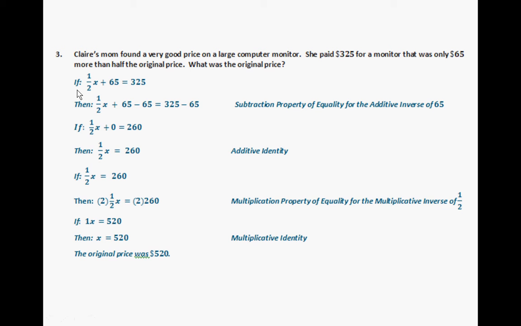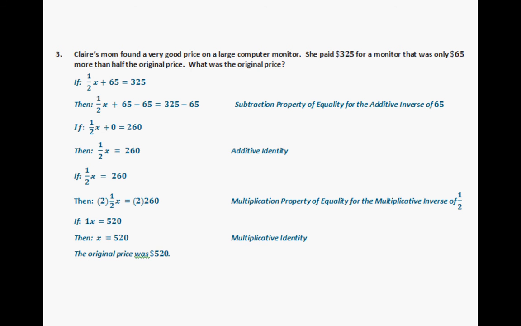And here is the answer. Now, if you had x divided by 2, that's completely fine. Again, if-then statements, and you should have 4 properties to show what you are doing. Now, if you did division property of equality instead of multiplication property, that is completely fine and acceptable.